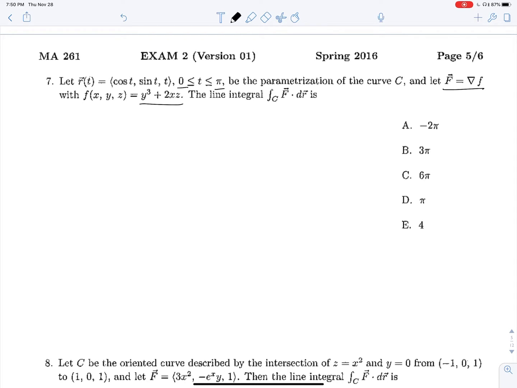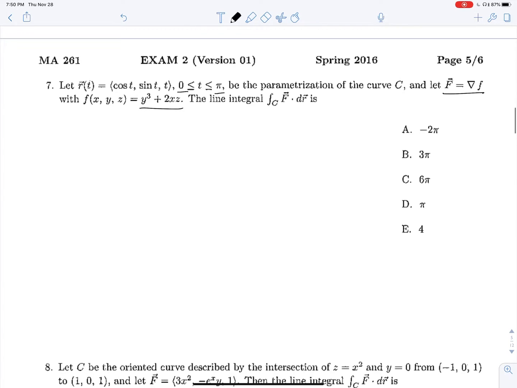So this was labeled as a line integrals question because I labeled it as a line integrals question during the second exam studying cycle.